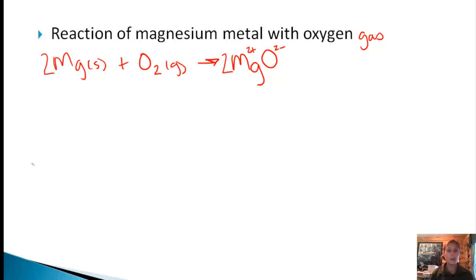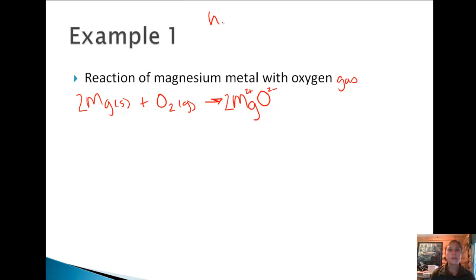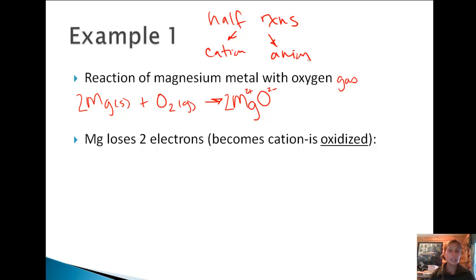So now what we want to do is write what are called half reactions. One half reaction shows the formation of the cation, and the other half reaction shows the formation of the anion. Magnesium is the metal, so it's going to become the cation. Here it's a neutral element, so it's going to lose 2 electrons to become that cation with a 2+ charge, and we would say that it is oxidized.